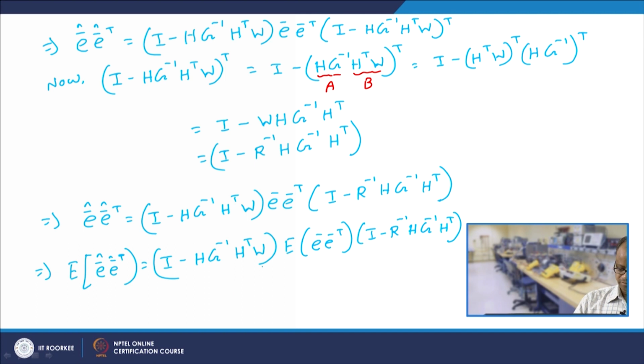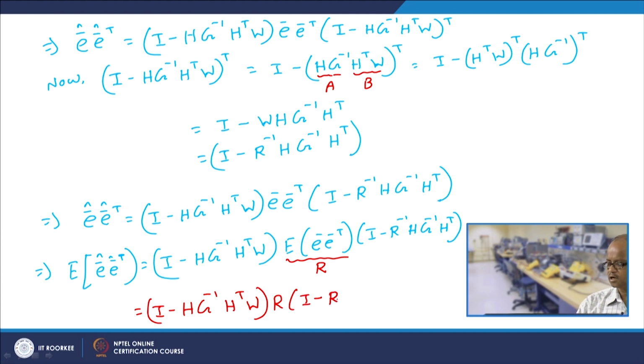This quantity we have just now shown is R. So, then therefore, I minus H G inverse H transpose W into R into I minus R inverse H G inverse H transpose.